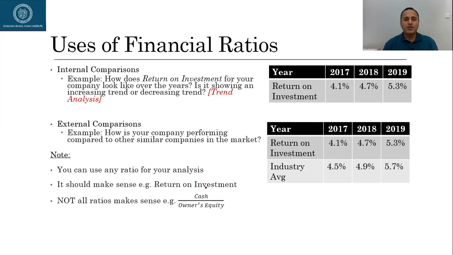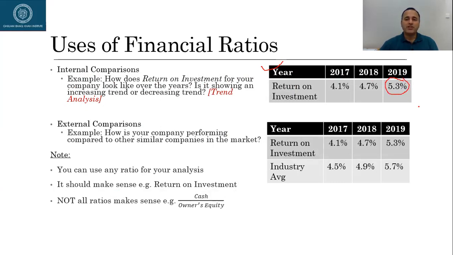There are certain uses for financial ratios. One of the most important uses is internal comparisons. For example, how does return on investment for your company look over the years? Just like this one. Let's say for 2019, your return on investment was 5.3%.